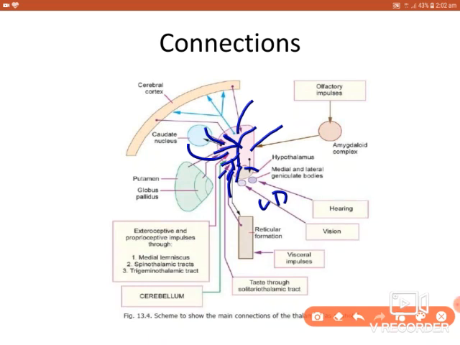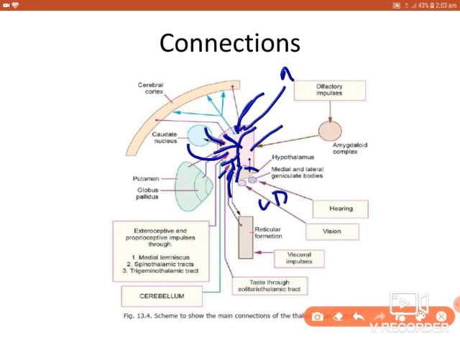Then this anterior nuclei here receives inputs, or efferents, from the mammillary bodies through the mammillothalamic tract, and sends outputs mainly to the limbic lobe, that is the cingulate gyrus, on the inferior surface of the cerebrum.